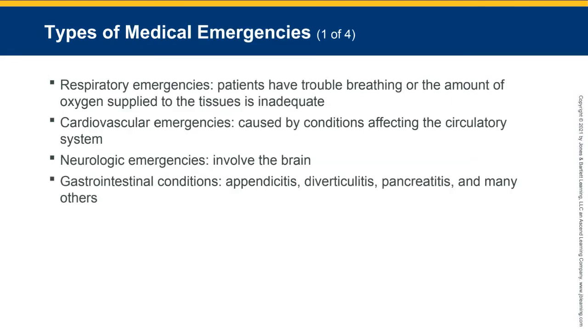Now, types of medical emergencies that we will cover in the entire medical module: respiratory emergencies, patients have trouble breathing, or the amount of oxygen supplied to the tissues is inadequate. Cardiovascular emergencies caused by conditions affecting the circulatory system.